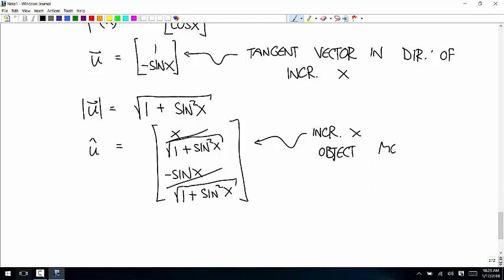So the object is moving to the right, so this is what we want.